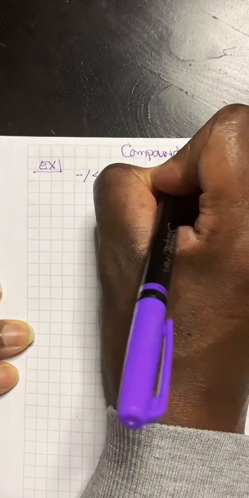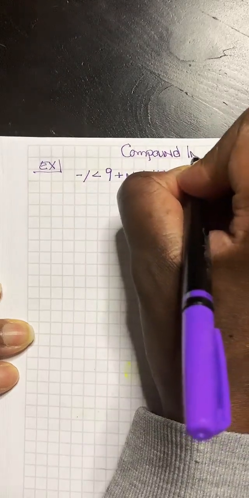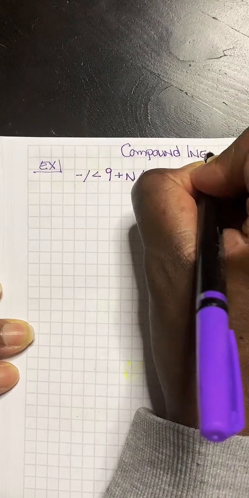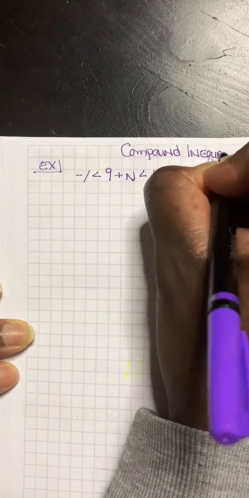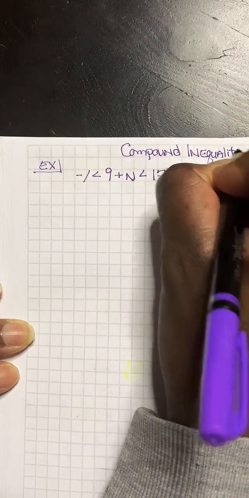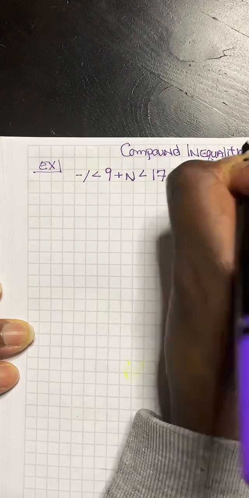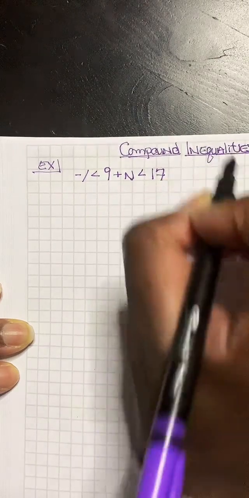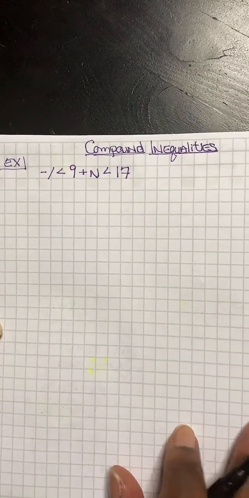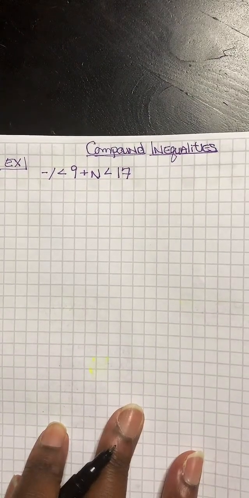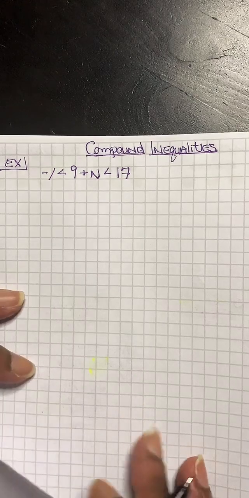Basically, we're looking at 2 inequalities meshed together.